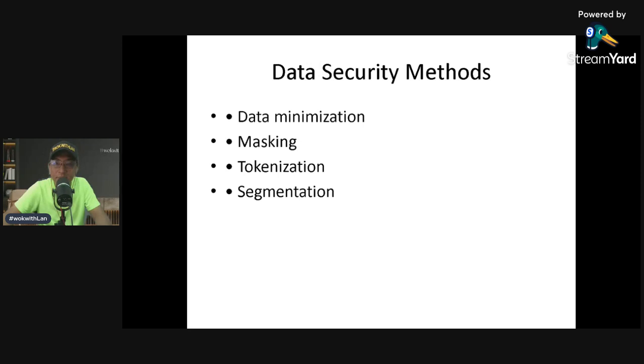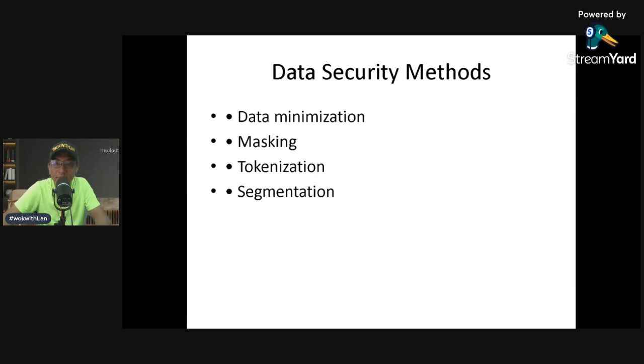Okay, let's proceed with the data security methods. When we protect our data, it's personal, but organizations are protecting their data also. It is composed of multiple methods. One is data minimization. So they just collect what is needed. It may be overwhelming if they collect even the favorite colors of that particular person.